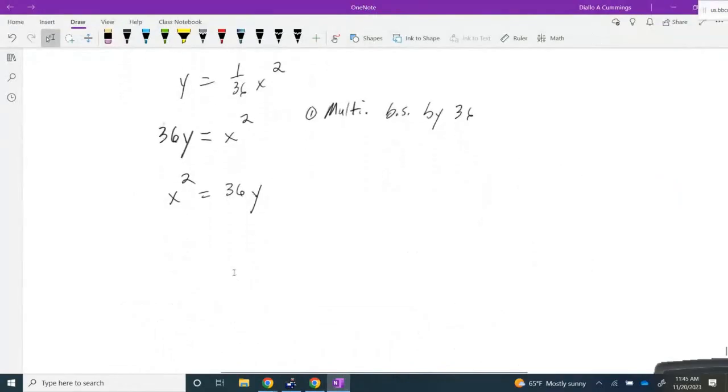If I divide 36 by 4, I get 9. So I can write this as x squared is equal to 4 times a times y. So 4 times 9 is 36. Okay, so I'm going to write it out as x squared is equal to 4 times 9 times y.